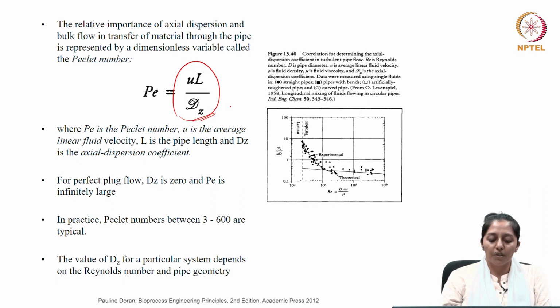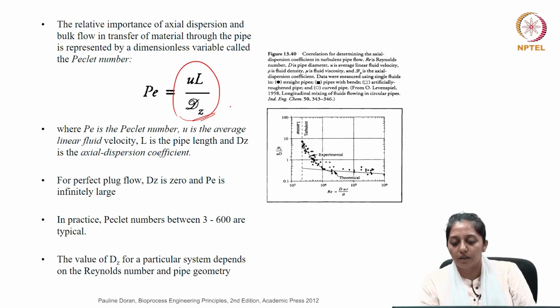The value of the dispersion coefficient for particular systems further depends on the Reynolds number and the pipe geometry. So here for example, you can see a plot has been given between the Peclet number and the Reynolds number, showing how the Peclet number changes with the change in the fluid flow, shown here with the Reynolds number.